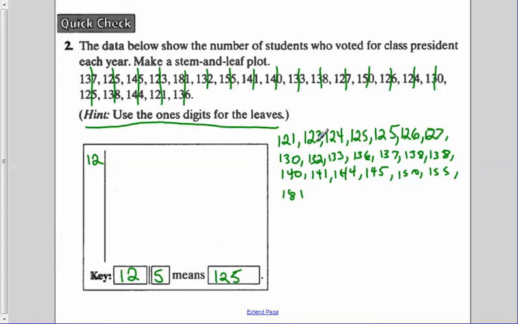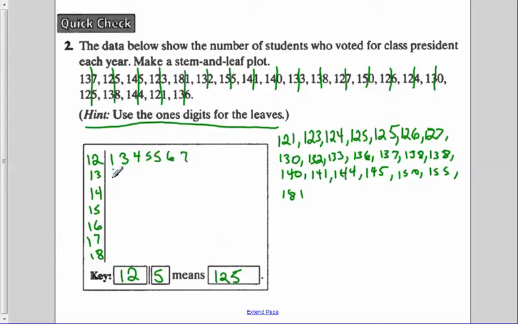So, again, I'm going to write these with my stems. I have to go in numeric order, put the least one at the top, so I've got 12, 13, 14, 15, 16, 17, 18. And so then I'm going to write my leaves from here. So I've got 121, 123, 124, 125, 125, 126, and 127.